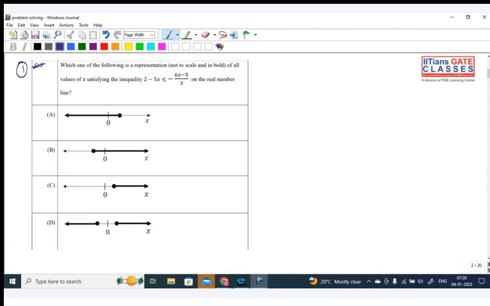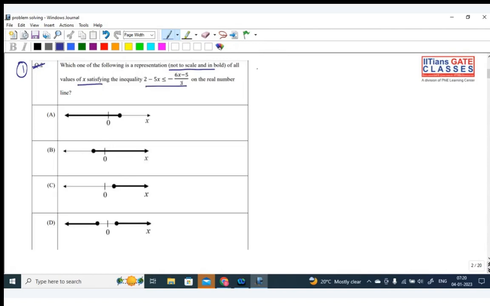So I think anybody can answer this question, right? The question is: which one of the following is a representation, not to scale and in bold, of all the values of x satisfying this inequality?